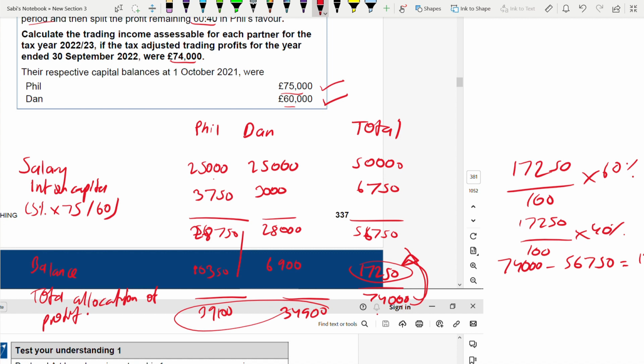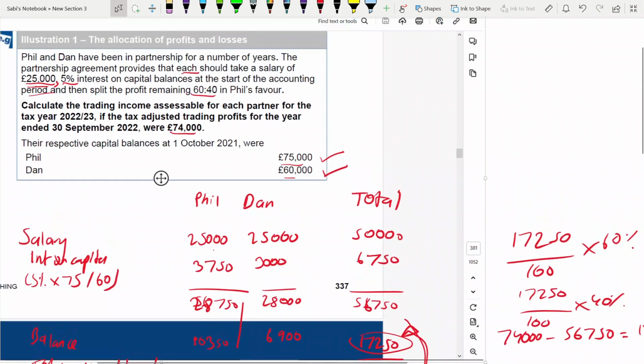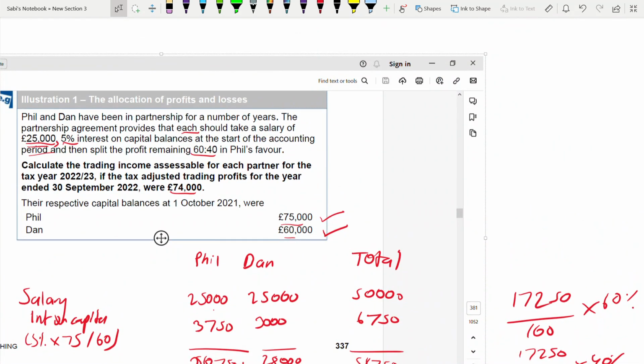Now their allocated profit will be assessed to tax. So Bill will be assessed on 39,100, and Dan on 34,900. This will be assessed in the 2022-23 tax year. Why?